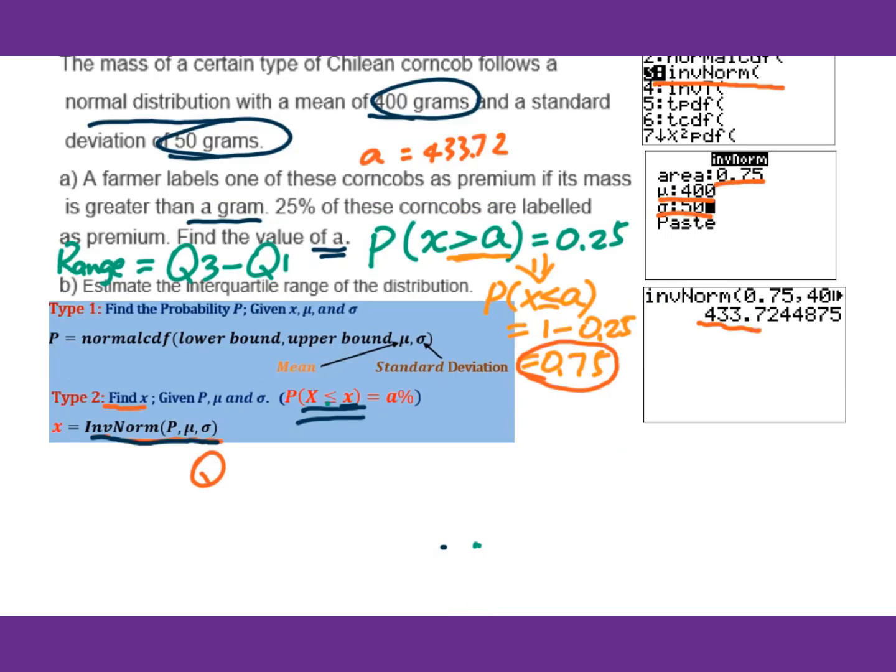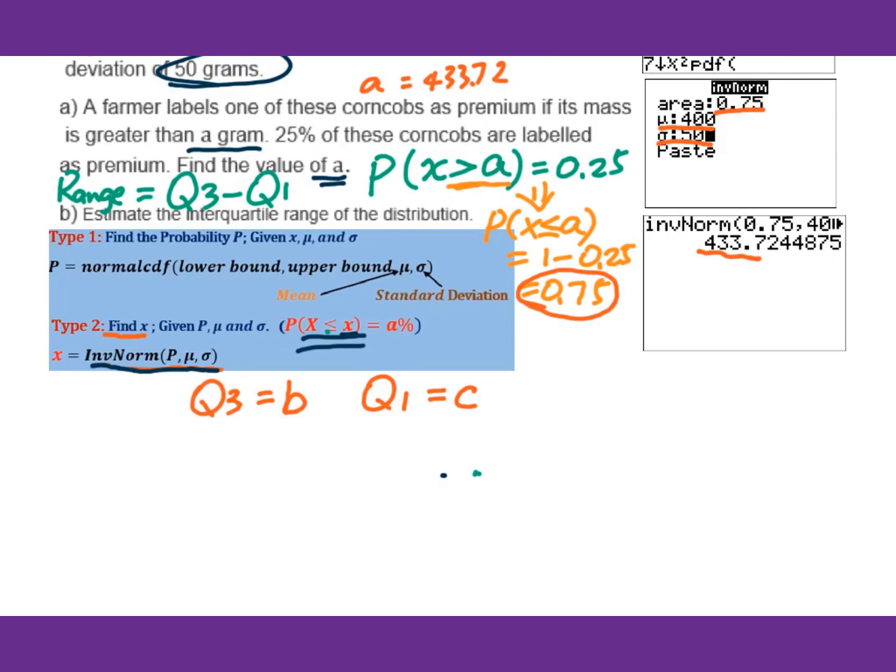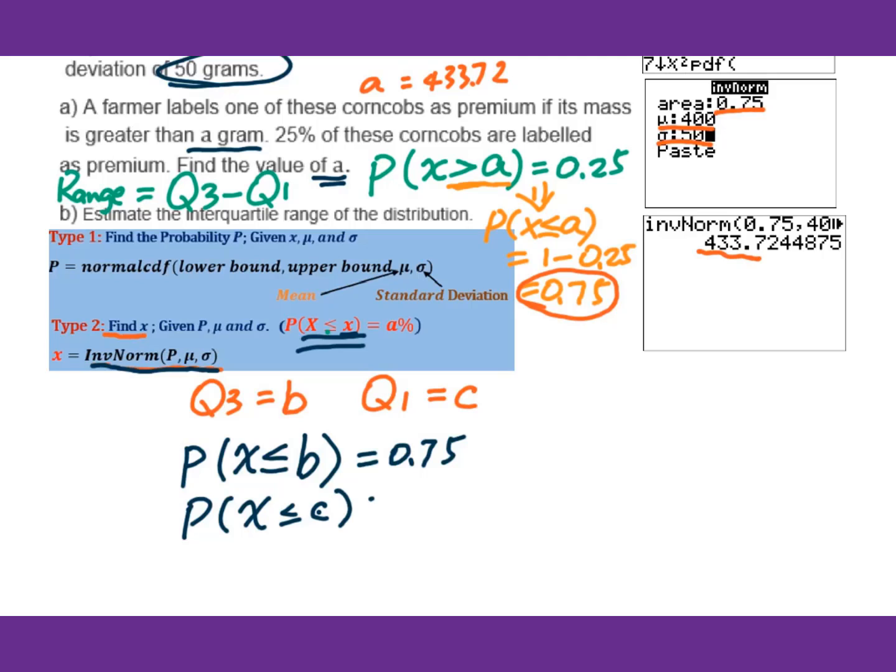We assume the third quartile equals B, and the first quartile equals C. Therefore, we know the probability X less than or equal to B equals 0.75, and X less than or equal to C will be 0.25.